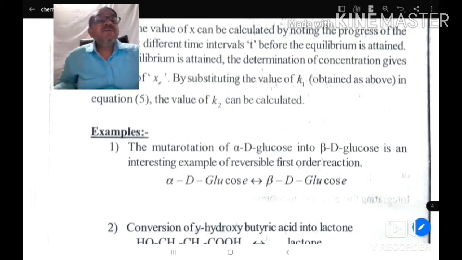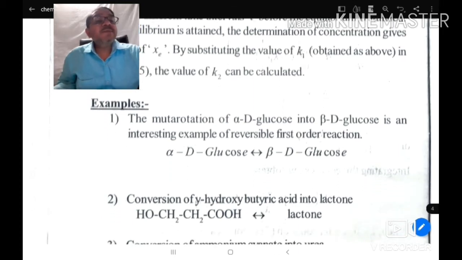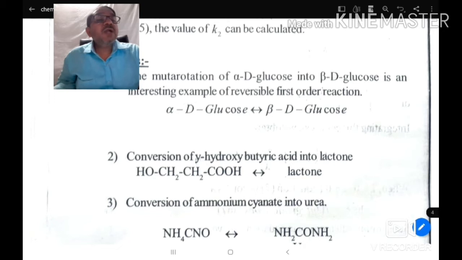The mutarotation of alpha D glucose into beta D glucose is an interesting example of a reversible first order reaction. Another example is the conversion of hydroxybutyric acid into lactone, where the interconversion is shown by a two-headed arrow.